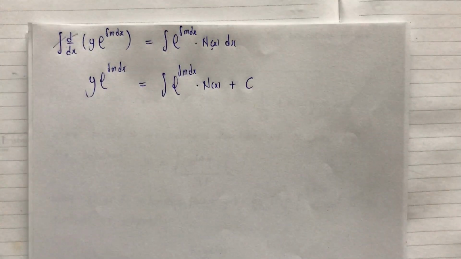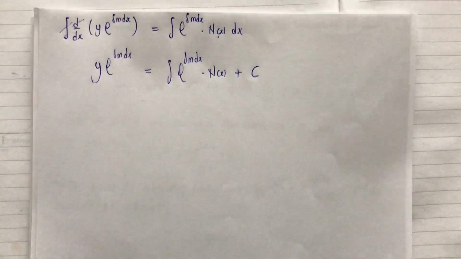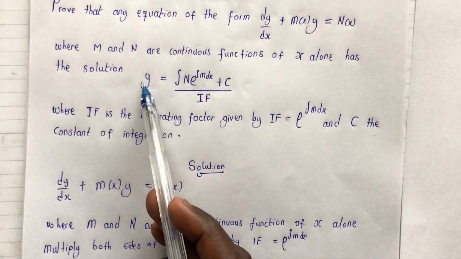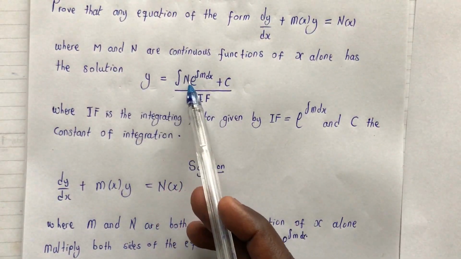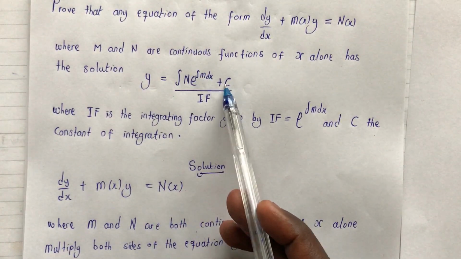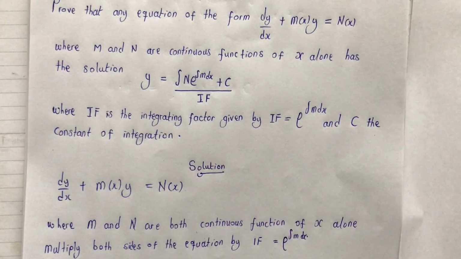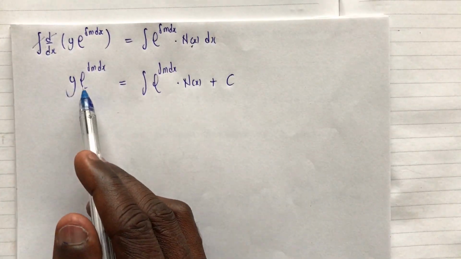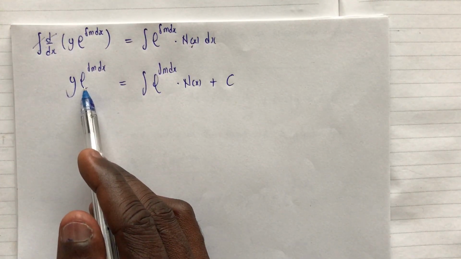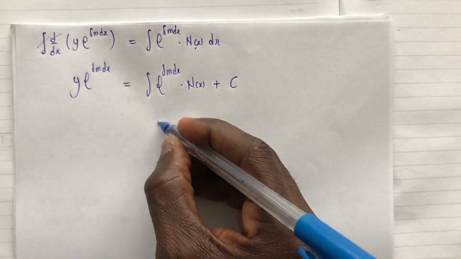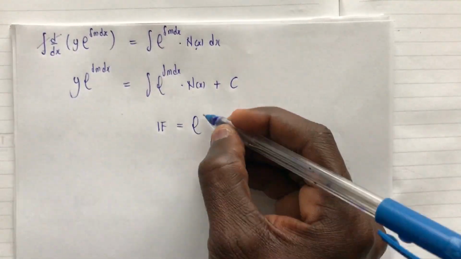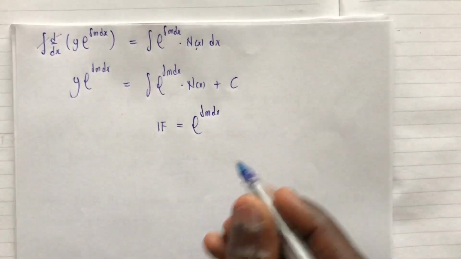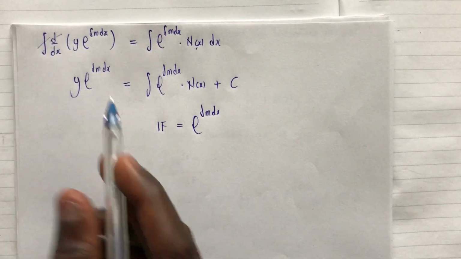So now we are done. Now the question says we should leave it in the form y equals the integral of n e to this plus c, all over the integrating factor. So to be able to do that, we substitute this integrating factor with IF. We know that IF equals this. So I'll just substitute it here on the left-hand side.